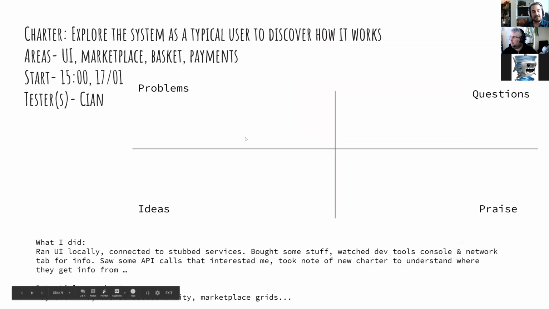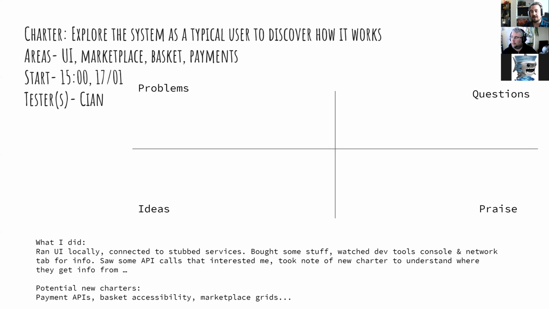So what is a charter? As I said, we want to write less documentation. We don't want to write no documentation, one of the classic misunderstandings of Agile. So we write charters, simple statements of intent and of the information that we hope to discover through our exploration.